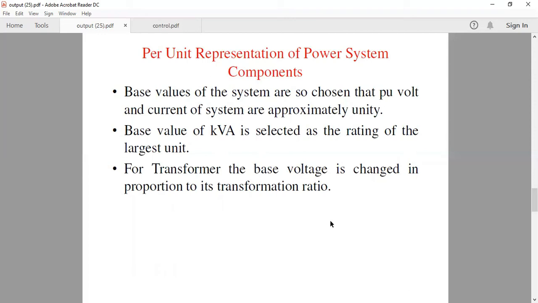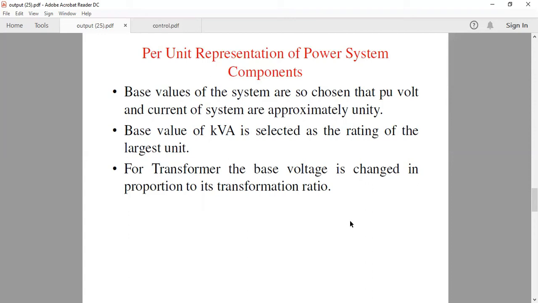For transformers, the base voltage is changed in proportion to its transformation ratio. So as I said, if you select the base value of voltage in one section of the power system, then depending on the transformation ratio, it will get changed when we want to analyze another section, and it is entirely dependent on the transformation ratio of the transformer connected in between different sections of the power system.